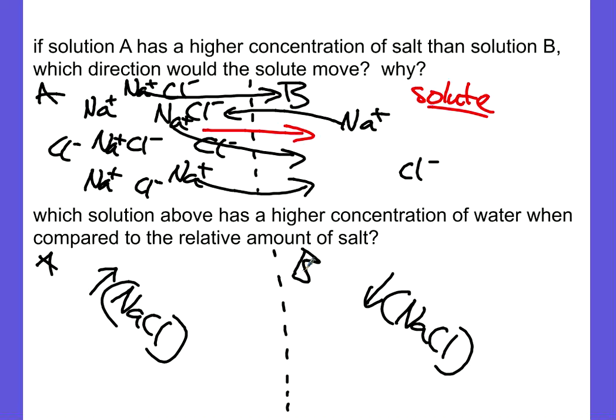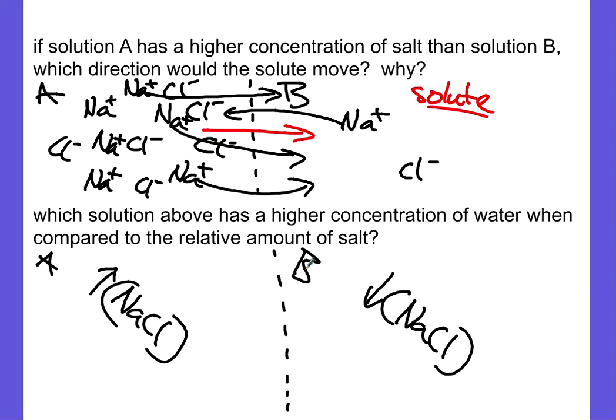So things always move from high concentration to low concentration. But you have to think about it for a second, and this is going to be another whiteboard thing just to make sure that we all get this and we're all on the same page. If I have a high concentration of salt over here and I have a low concentration of salt over there, which solution has a higher concentration of water relative to the salt?